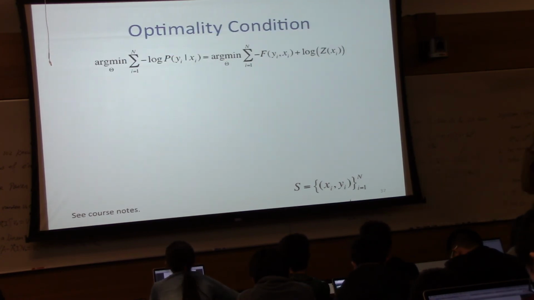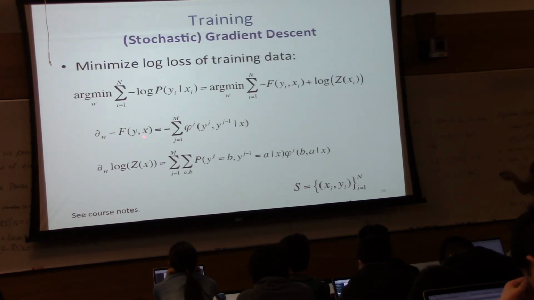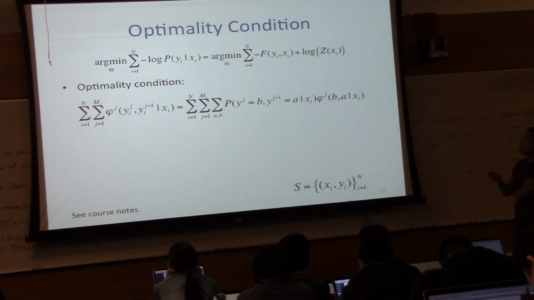And the optimality condition of conditional random fields, I believe I have it correct in here. The optimality condition basically says that at optimality, we set the gradient to 0. If you set the gradient to 0, so the negative of this equals this, because the gradient is the sum of these two, then you get something that looks like this.